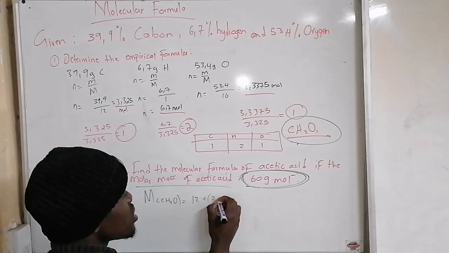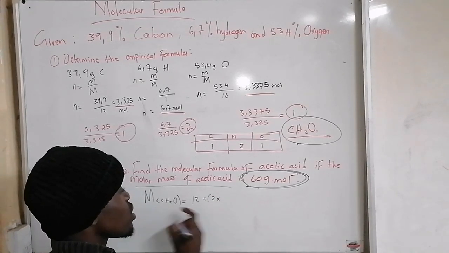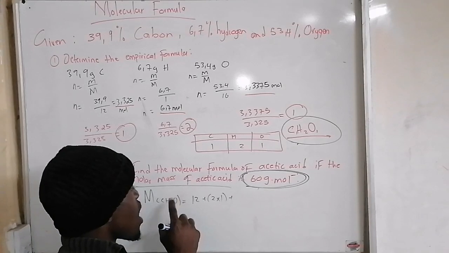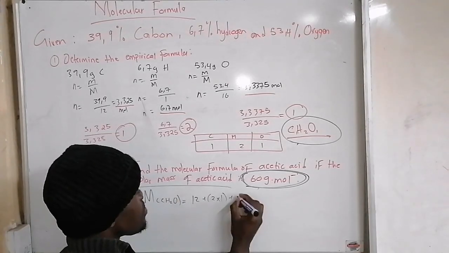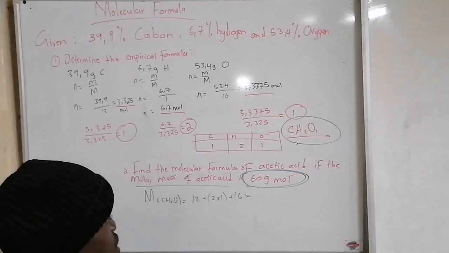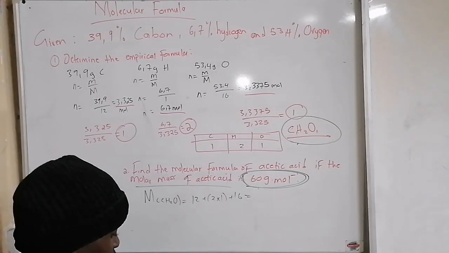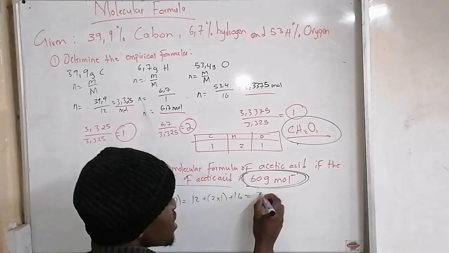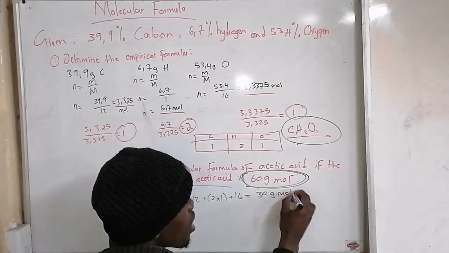So we say 2 times 1, plus the relative atomic mass for oxygen, 16. Then you use your calculator: 12 plus 2 plus 16. You have 30 grams per mole.